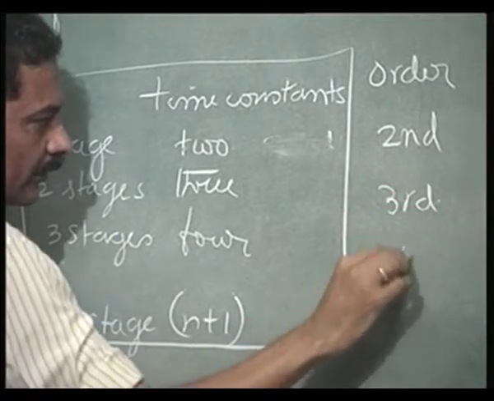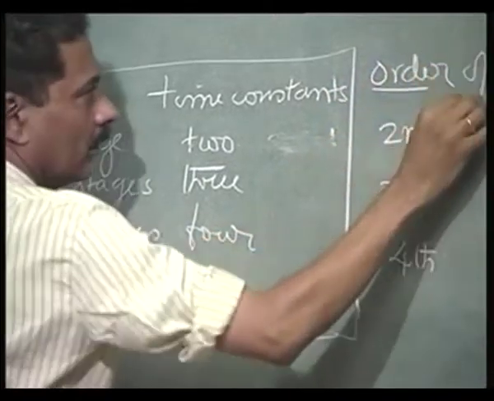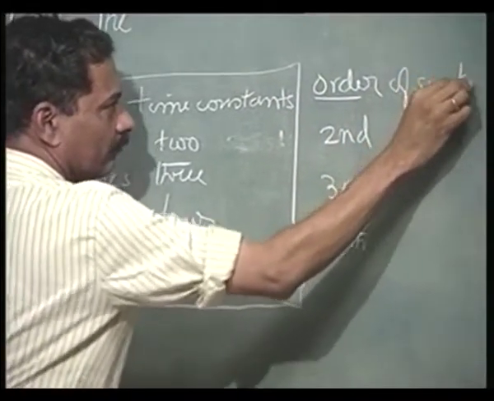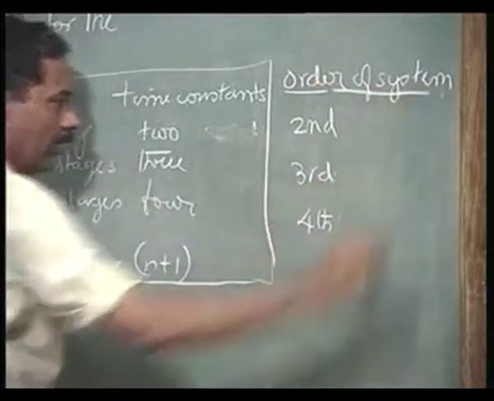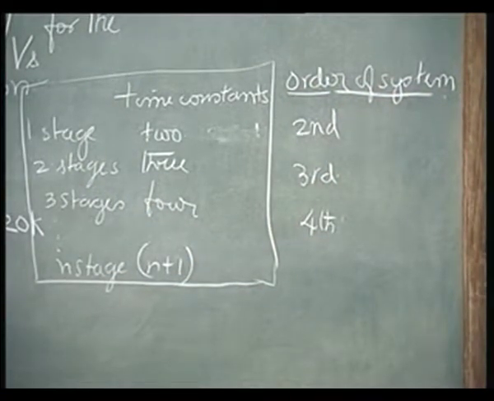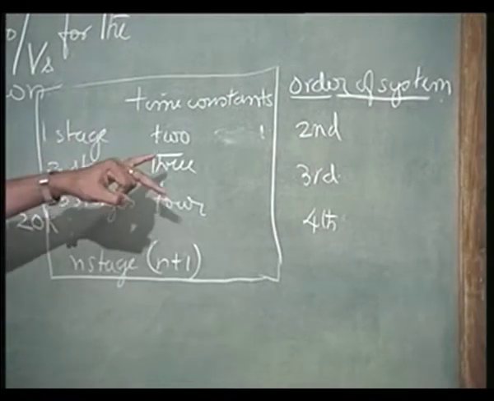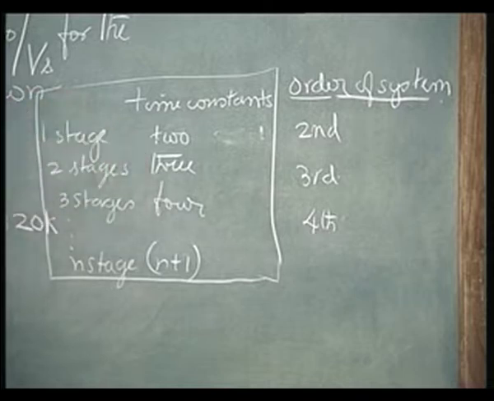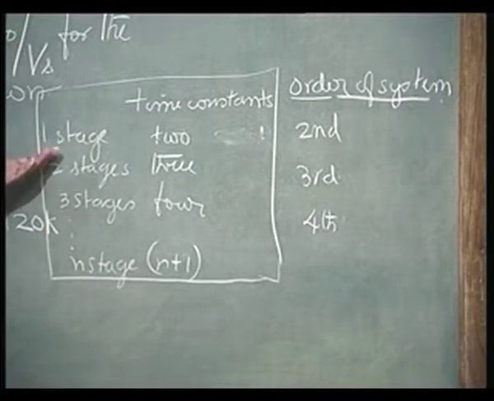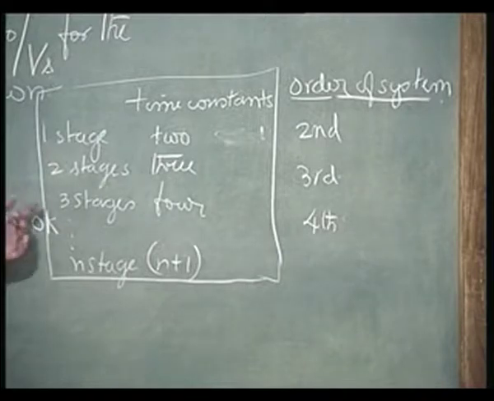This is a fourth order amplifier system. The order of the system is dependent upon the number of time constants. The first stage is already a second order system. There is nothing like first order at all in this case. Second stage corresponds to third order minimum. Third stage corresponds to fourth order system.